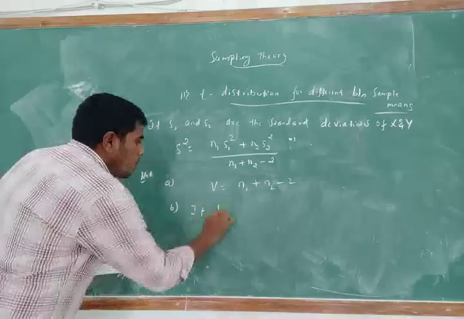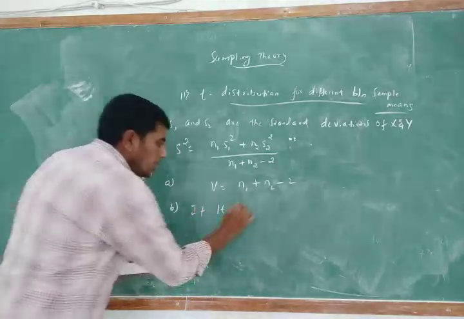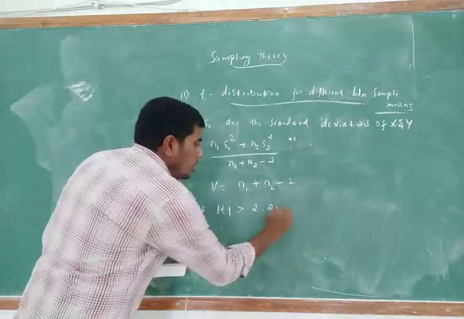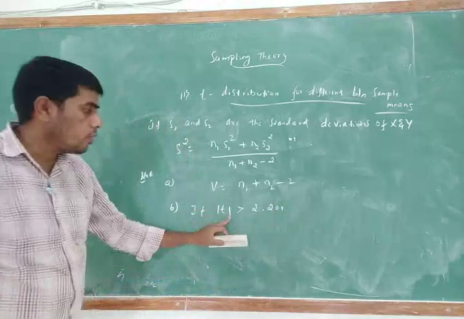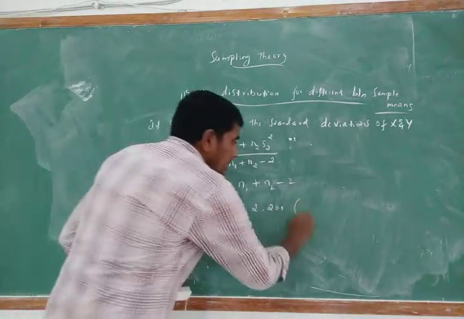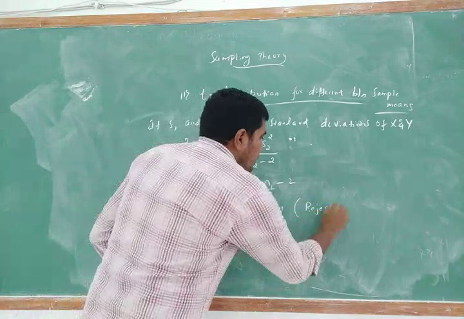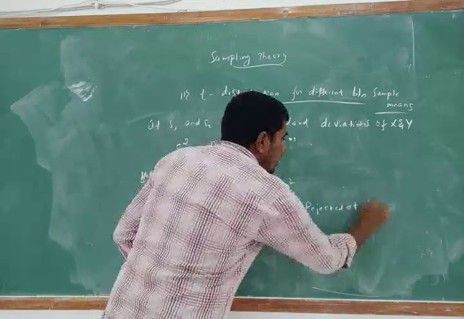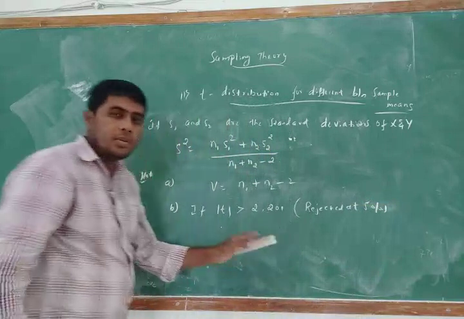Note: if mod t is greater than 2.201, then it is rejected at 5%. Do remember only these conditions.